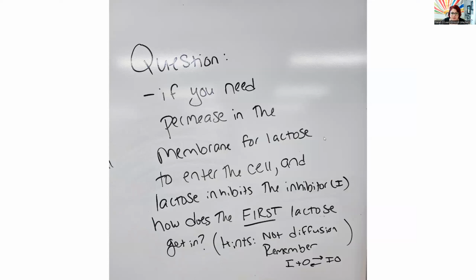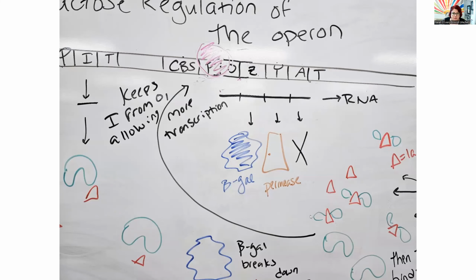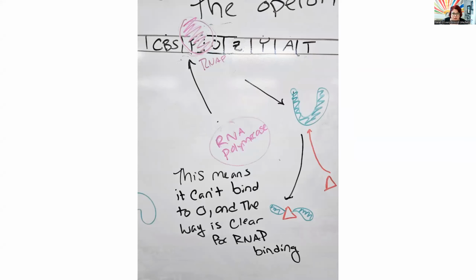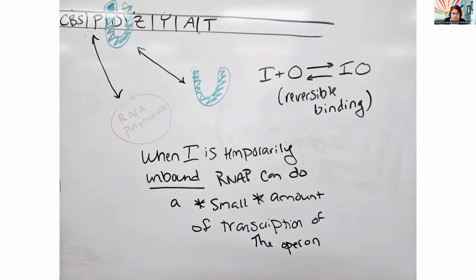So one thing that comes up here is the question of if you need permease in the membrane for lactose to enter the cell, but you need the lactose to be in the cell in order to transcribe for permease, how does the first lactose get in? And now this gets back to our reversible binding here. So if we're back at this picture, even when there's no lactose in the cell, sometimes the repressor comes off.